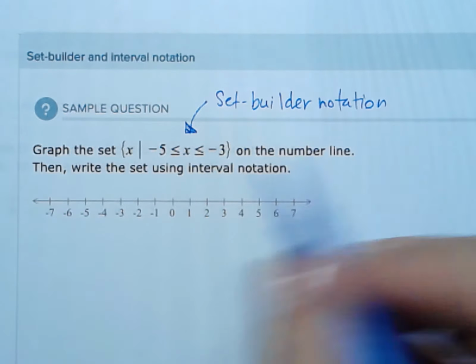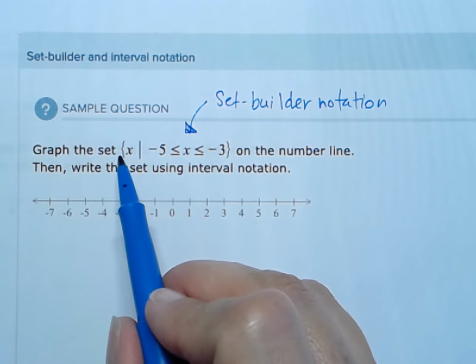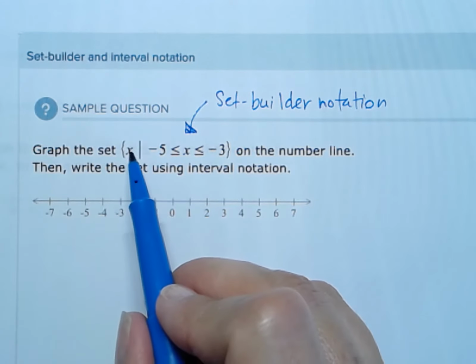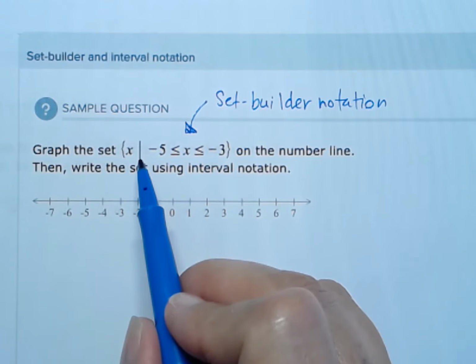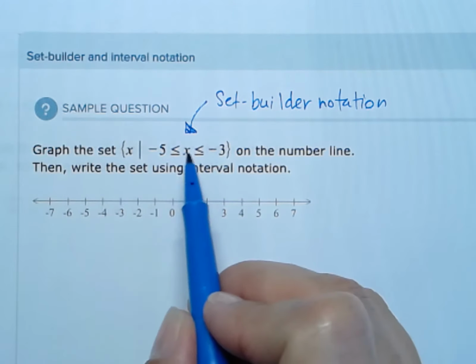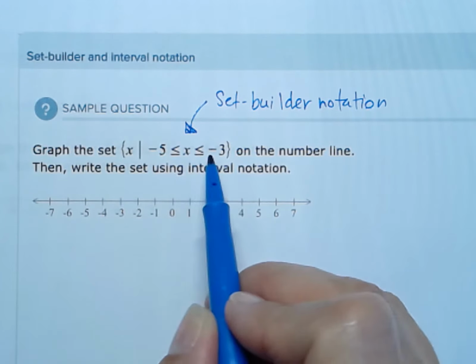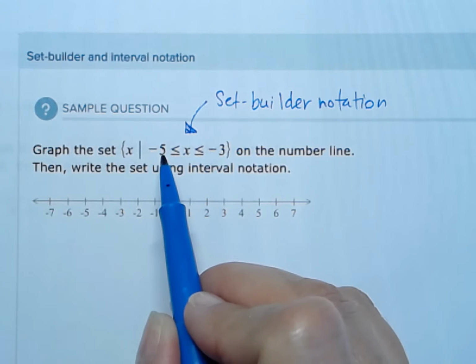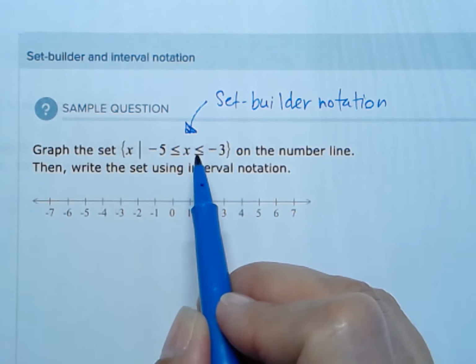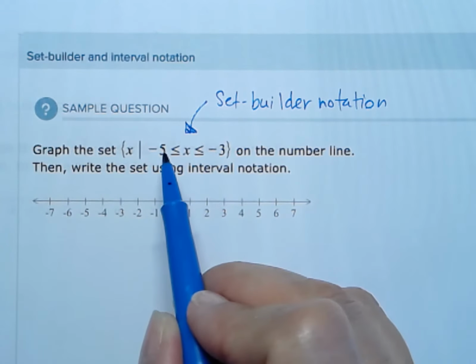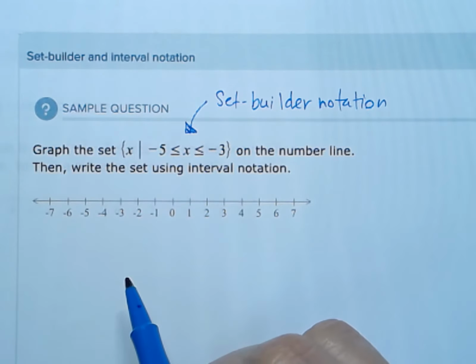The way that you read this, you say the set containing X, such that, and then you have a description of what's happening with the X. So -5 is less than or equal to X, and X is less than or equal to -3. So that's what you call set builder notation.